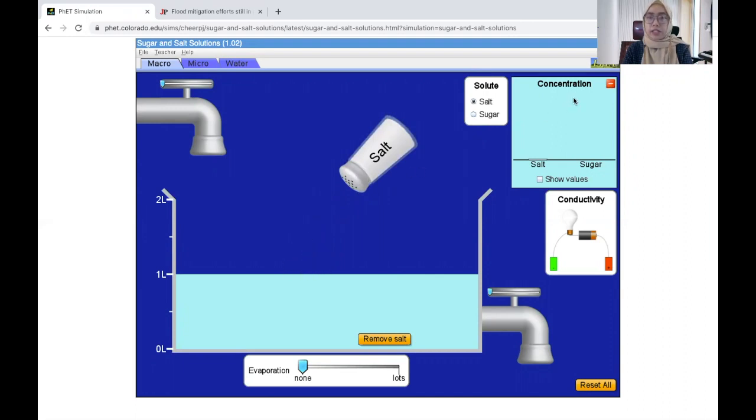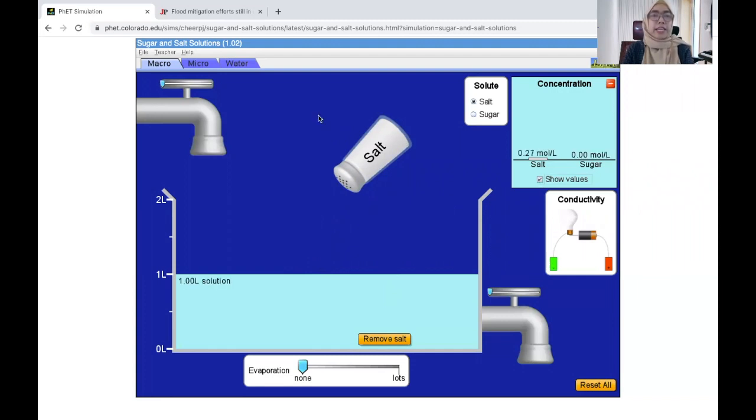The concentration of the salt solution can be shown in this graph. Look at the graph. When we add some salt, it goes up. Okay, we will add more. If you want to know the exact value, you can click this one.